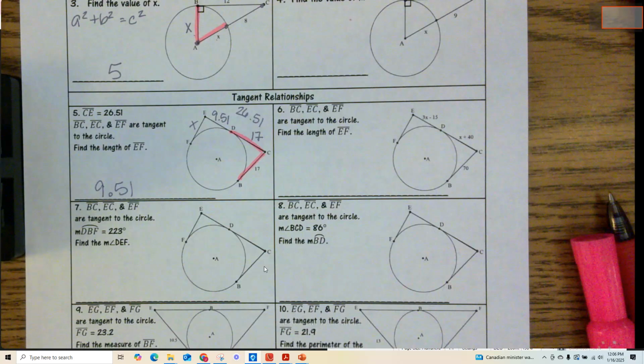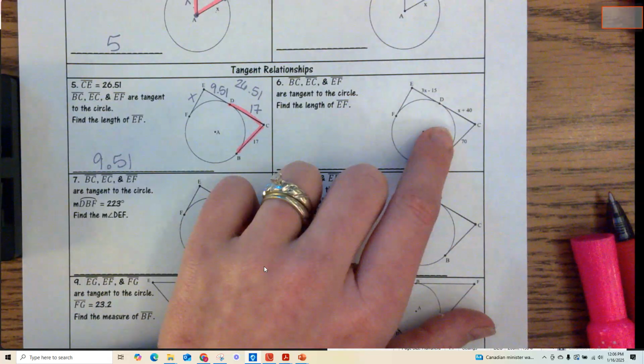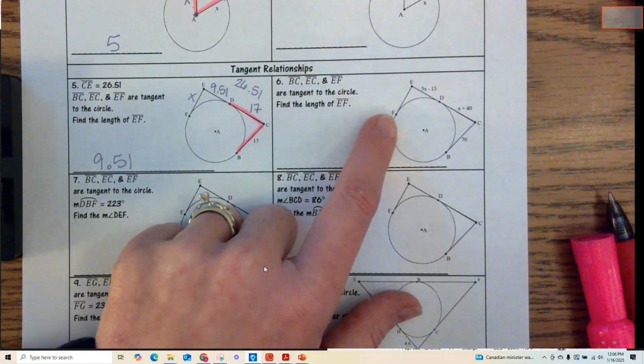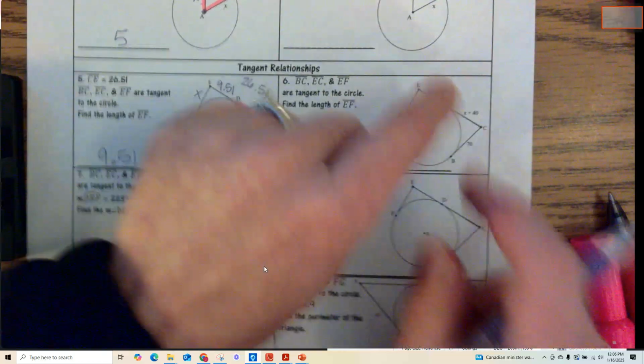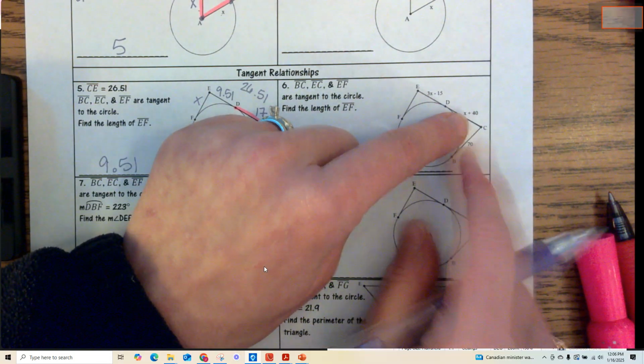So again, these get more complex. We'll get this one at least set up. So this one says find the length of EF. Okay, so see how you've got these two sides and they're both labeled?